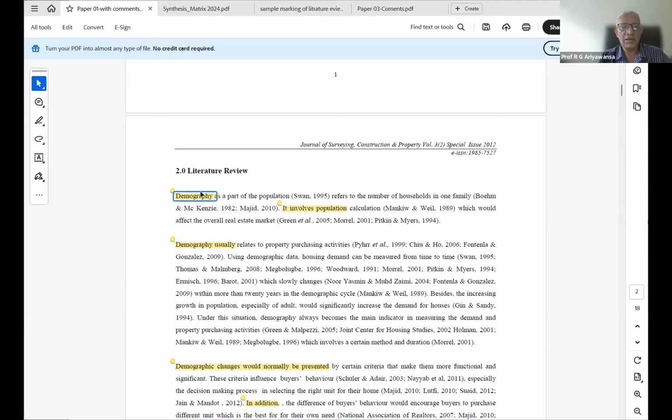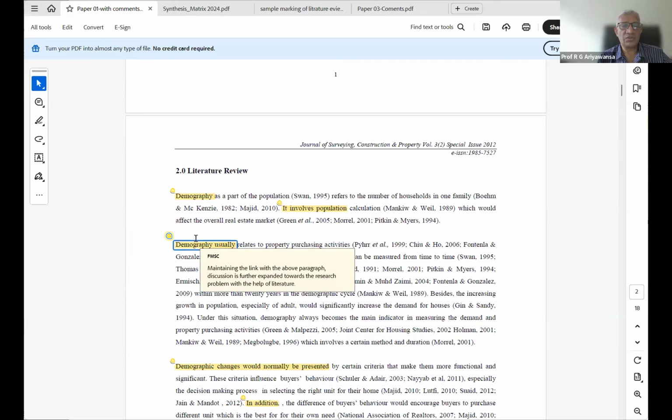So the authors are slowly developing a statement or discussion of how they are referring concepts like demography relates with the property market, right? Can you understand how they are developing it? So you have to understand how literature is used to make a statement, make a discussion, very step by step, a very focused area, right?